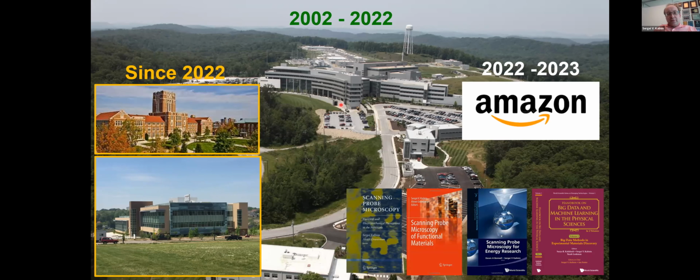So as a general background, I spent 20 years at Oak Ridge, going from Wigner Fellow to corporate fellow. Then, as a lot of colleagues before me, I decided that it's time for me to join academia. The only unusual element is that I spent a year at Amazon in the special project divisions, roughly the Amazon equivalent of Google X, to see how technologies transform from scientific ideas into products.